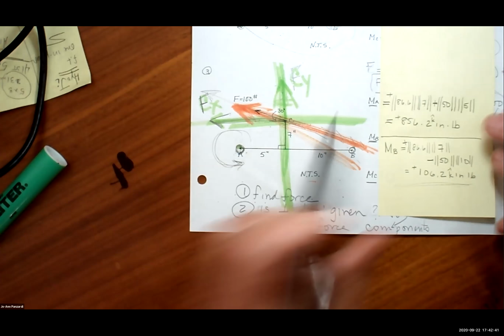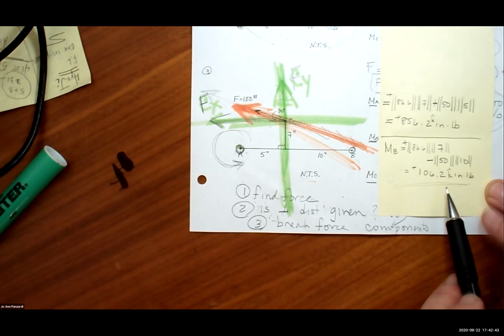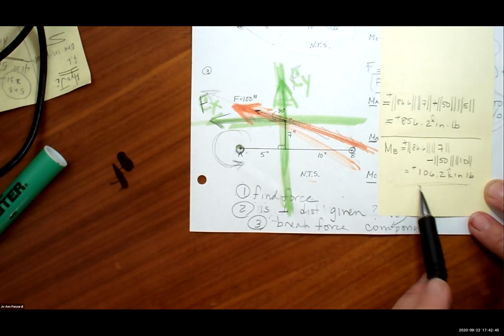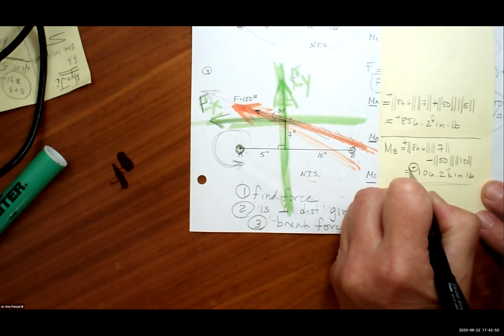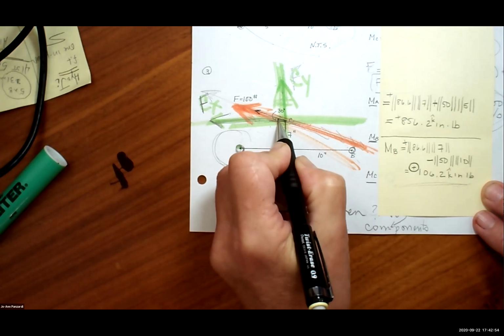Okay, now, here's the question, and this is where I think Jason was going. I got a positive. Nobody call out the answer. I want to give you time. We got a positive moment about B due to this force.